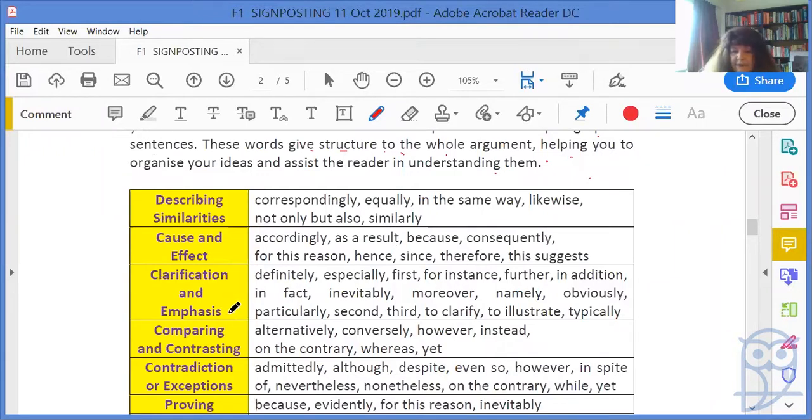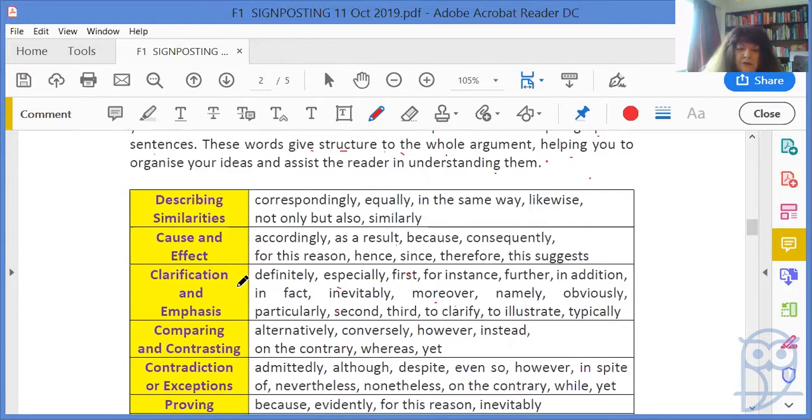Clarification and emphasis. You're trying to clarify something and emphasize it because you want to persuade your reader around to your way of thinking. So you use more positive words like definitely, especially, inevitably, obviously, particularly, and of course you've got first, second, third, because sometimes, remember, 3 examples to clarify, to illustrate, and typically.